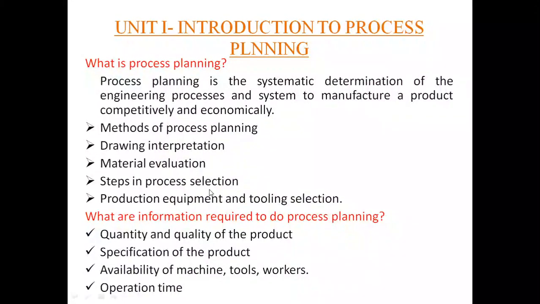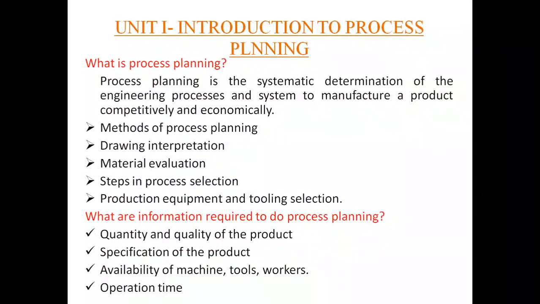Steps in process selection. In process selection, we have to select a suitable process for manufacturing the particular product. Process is the method of shaping, joining or finishing the material.